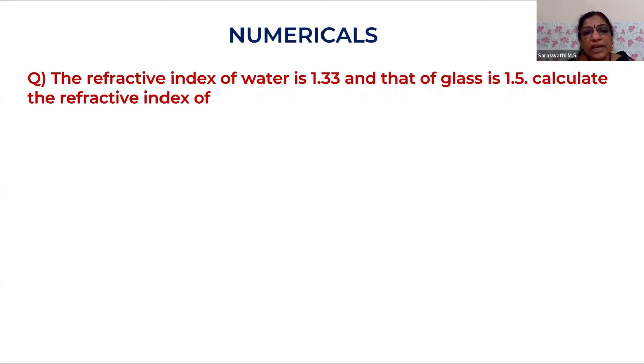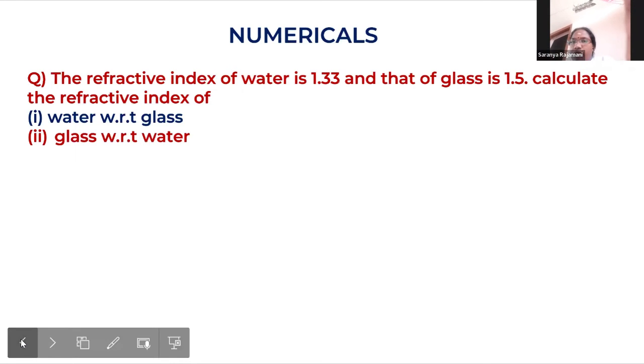The refractive index of water is 1.33 and that of glass is, it's given. What is the refractive index of glass? 1.5, ma'am. Okay, 1.5. So you are asked to find the refractive index of water with respect to glass.